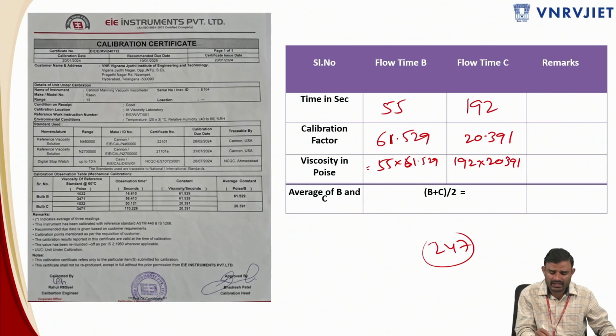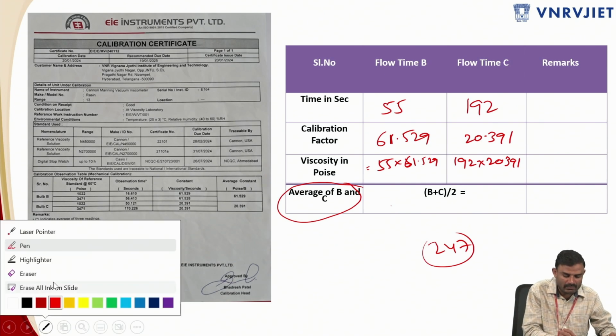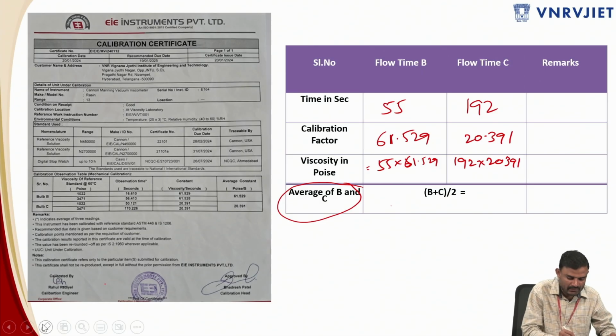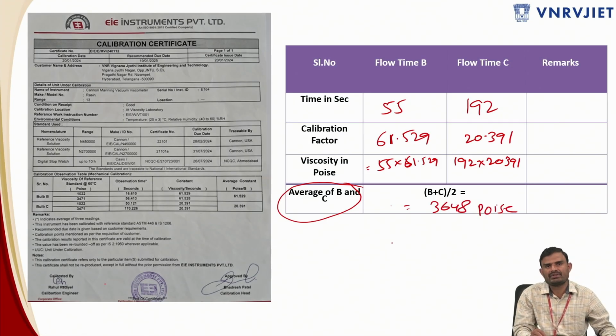But here, for the final absolute viscosity, you have to take the average value of both bulb B and C. So this is the average value. I've got the value to be 3648. Again, as I have mentioned, the units will be poise, because the calibration constant units are poise per second, and the time is multiplied with second.